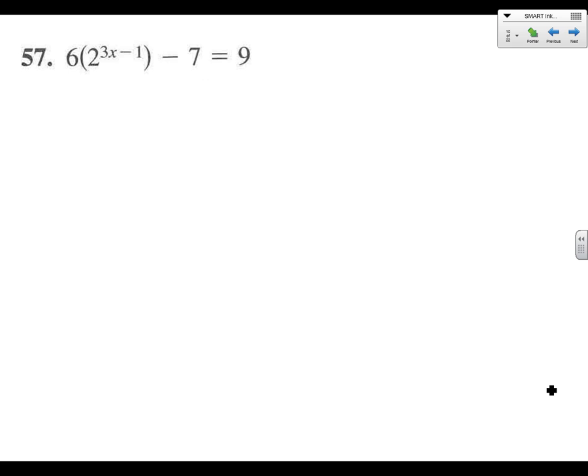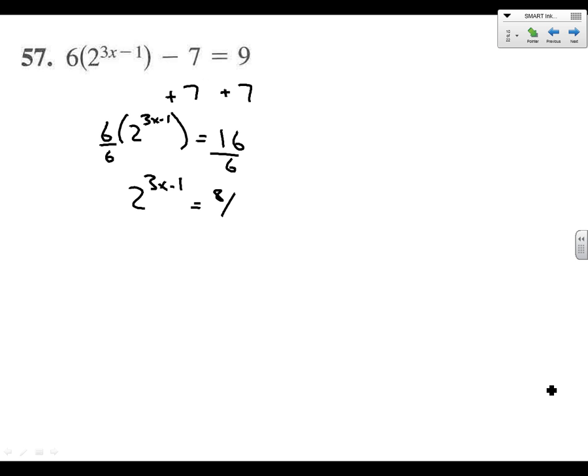Problem 57. All right, step 1, let's add the 7. 6 times 2 to the 3x minus 1 equals 16. Let's divide by 6. 2 to the 3x minus 1 equals 16 divided by 6. They're both even, so we could reduce them here. 8/3.